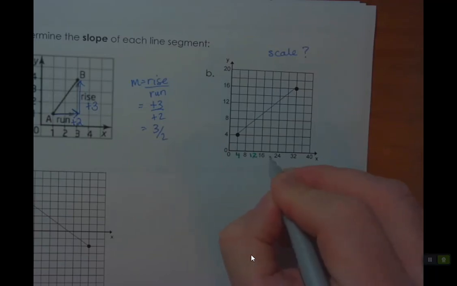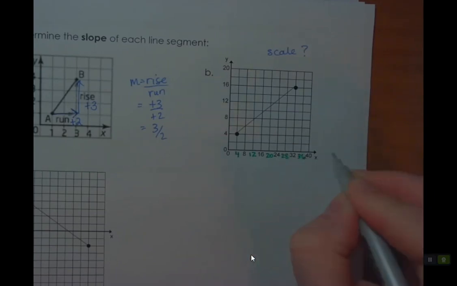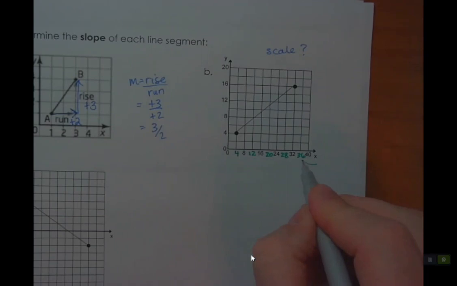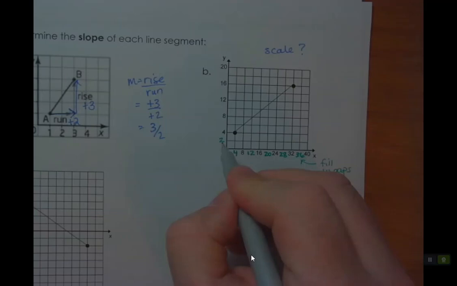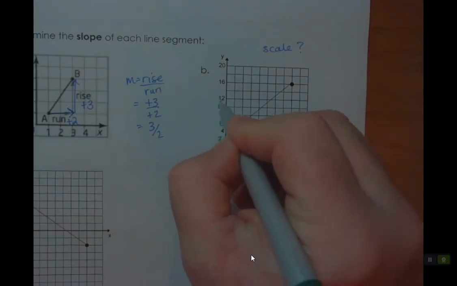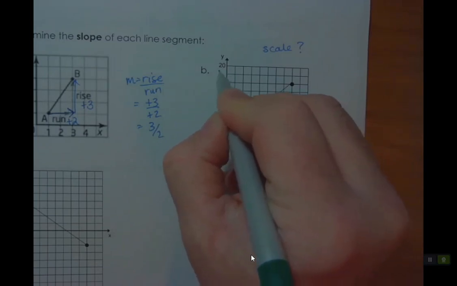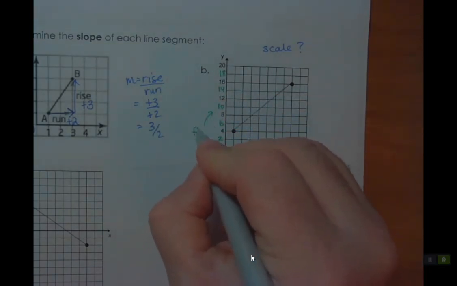Some people may not have to do this, but some people may need to do this to see that. So fill in these numbers to help us with that. Here, from 0 to 4 is 2 jumps, so every jump has to be 2. So 2, 4, 6, 8, 10, 12, 14, 16, 18. Fill in the gaps.